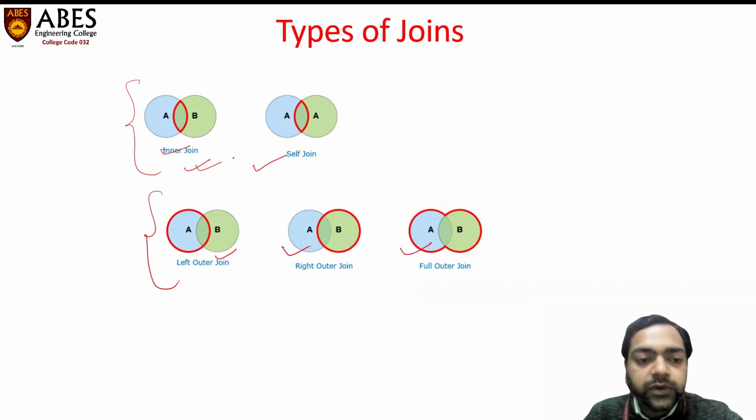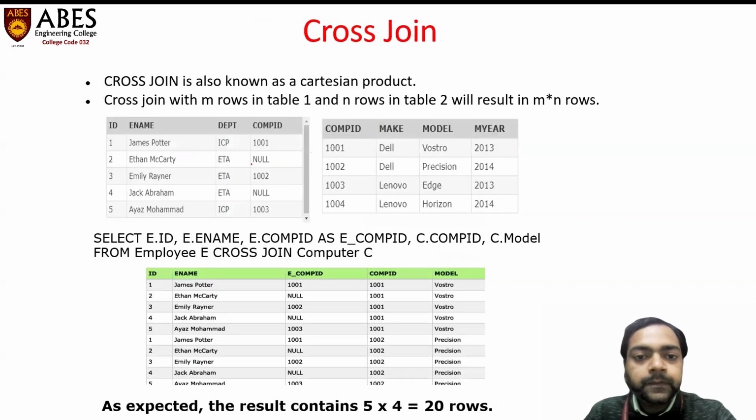Let us discuss all of these types of joins one by one with the help of an example. First of all, we understand what is cross join. As we understood in relational algebra, the cross join is used to merge two or more tables, right?